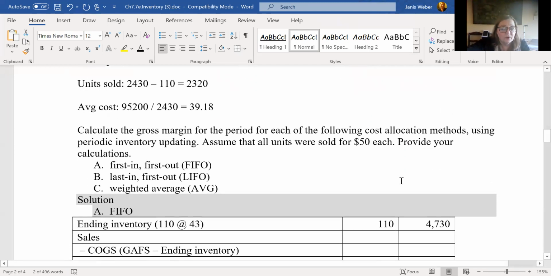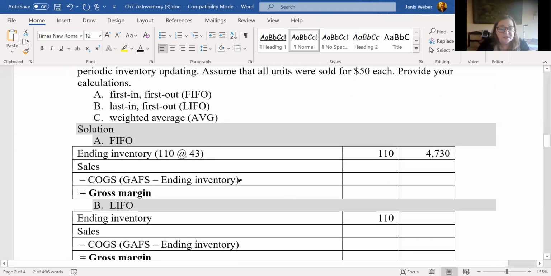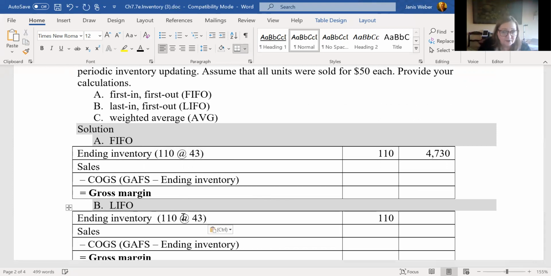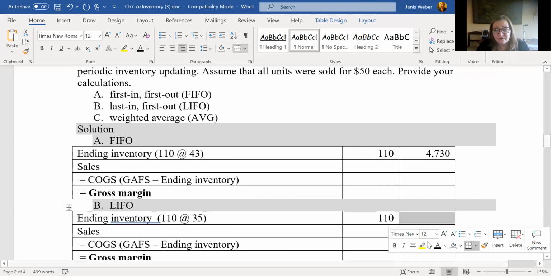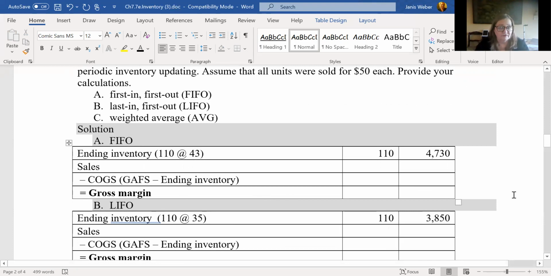So under LIFO, the ending inventory would be some of that beginning inventory. It would still be some that were bought the earliest time period at $35. So 110 units at 35 would be 3,850 under LIFO.